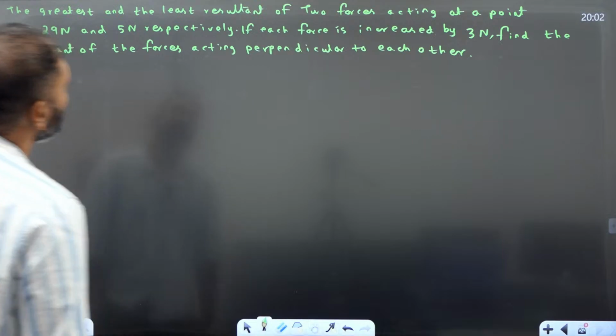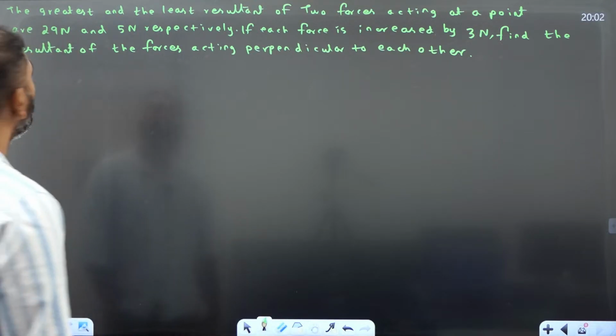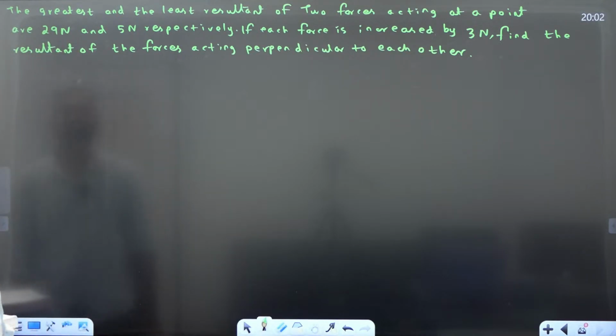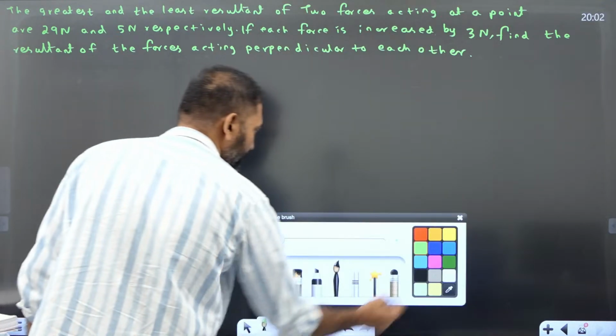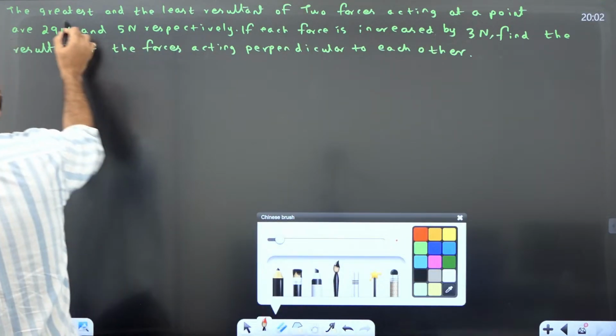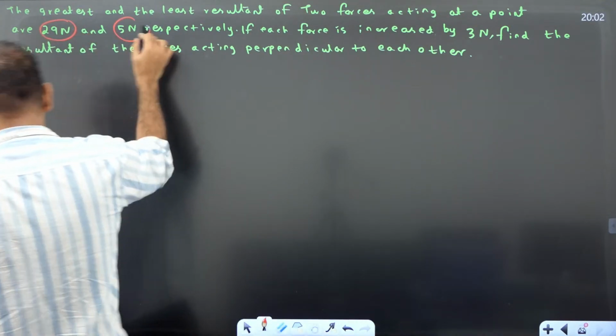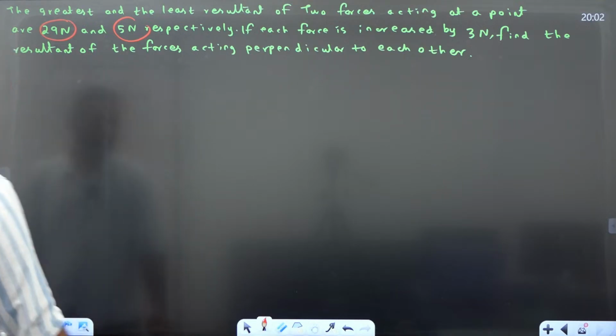The greatest and the least resultant of two forces acting at a point are given. What is the data given? Greatest 29 Newton and the least is 5 Newton. So we can start.